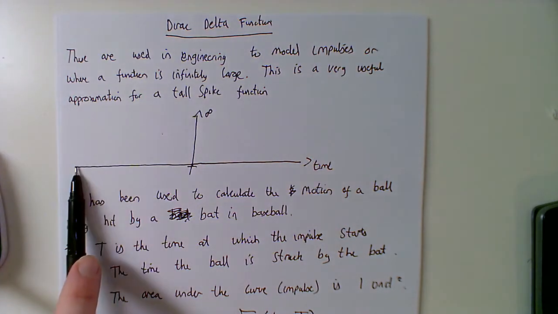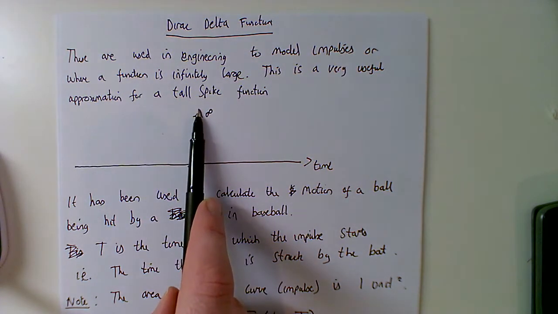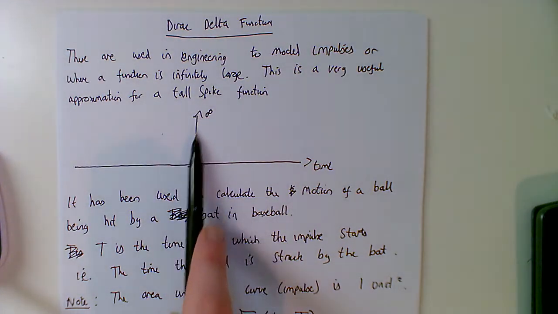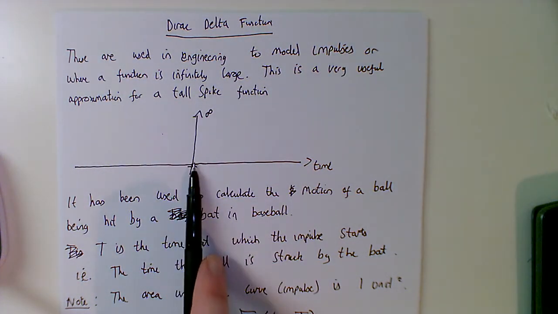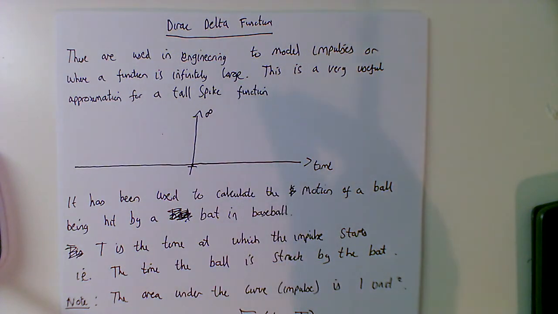You're going along, and then the ball is suddenly hit, and that can model the energy that's going through the ball when it's hit, because it's hit and then it comes straight back down again. Because it's only being hit for that very, very tiny part of a second. So that's modelling the actual strike of the ball onto the bat.